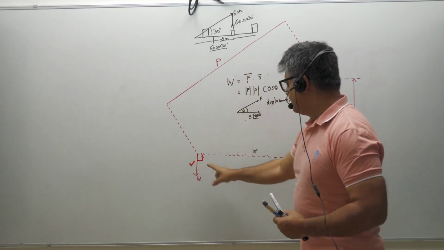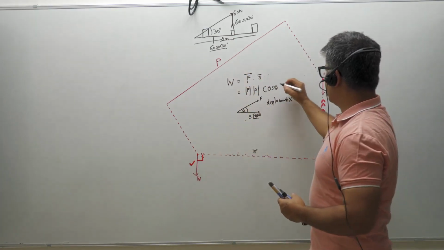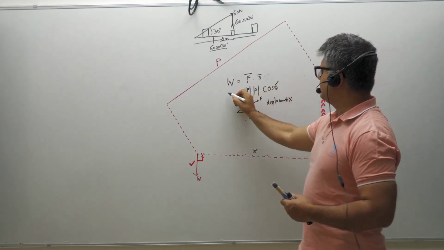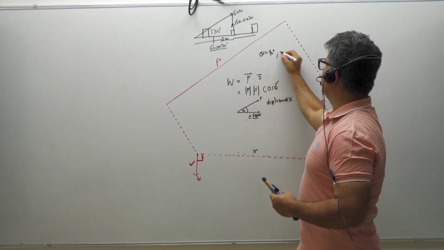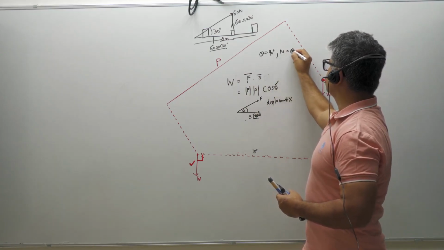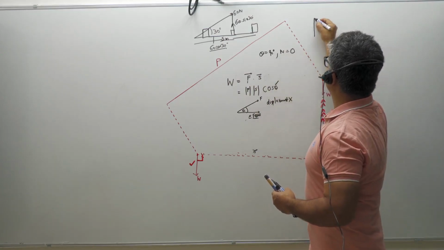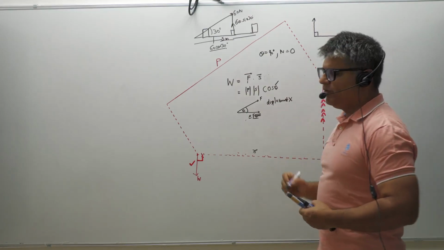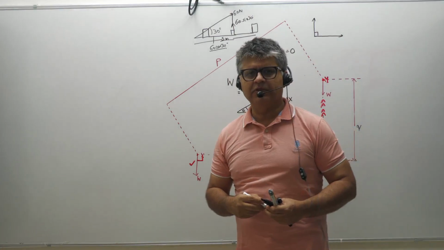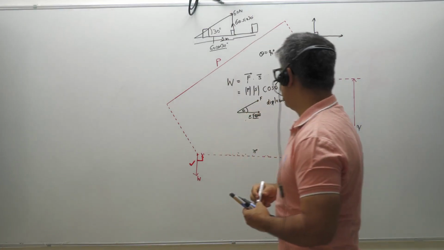We just noticed that if the angle becomes 90 degrees, if theta is equal to 90, the work done will become 0. If the force is in this direction and the displacement is in this direction, you have no work done actually. You can't supply kinetic energy to the body.